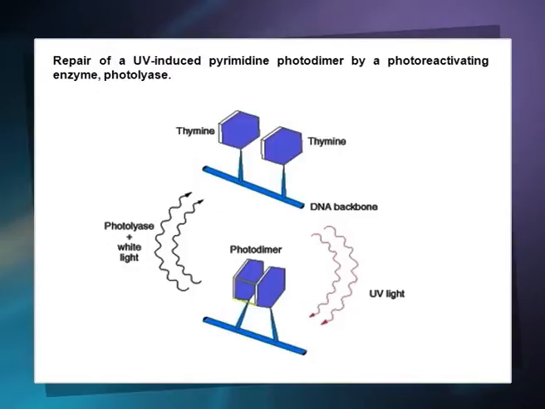The photolyase enzyme catalyzes this reaction, which utilizes light energy to break the bonds between pyrimidine dimers. Here you can see the action of photolyase along with white light, which breaks the photodimer into separate thymine molecules. But on exposure to UV light, the thymine residues in turn become a photodimer.